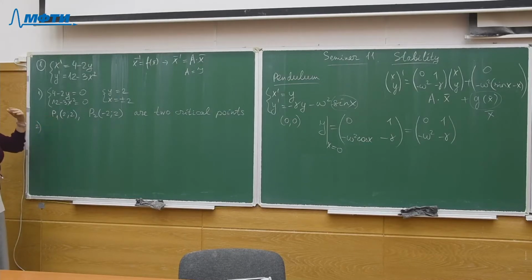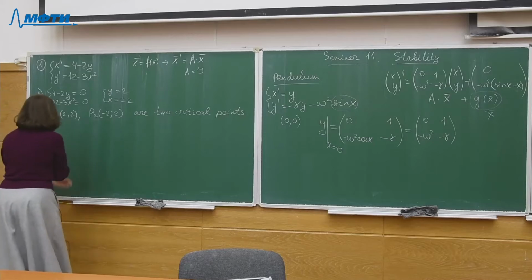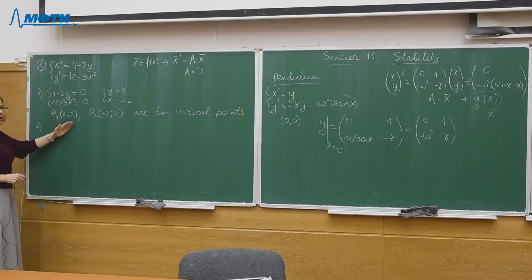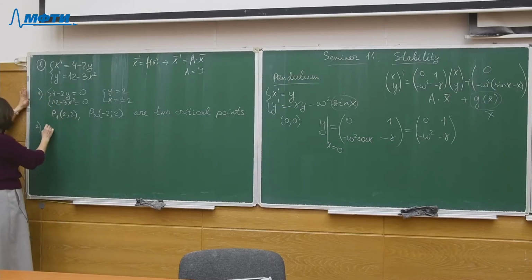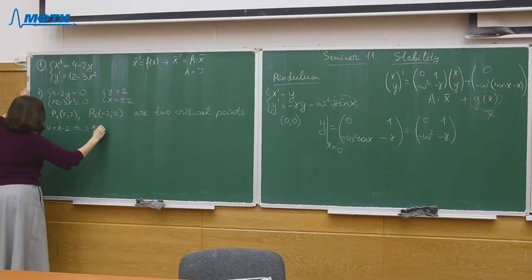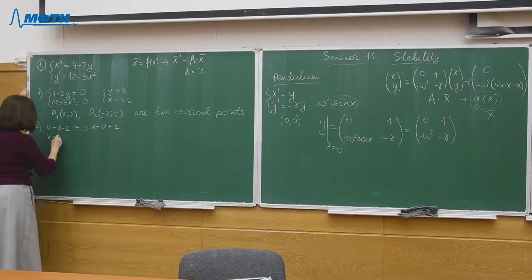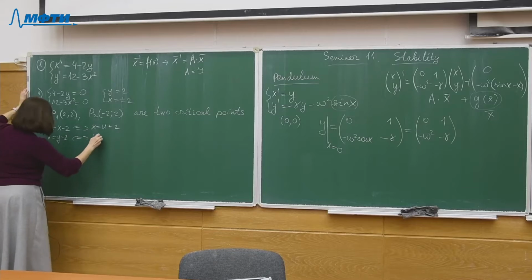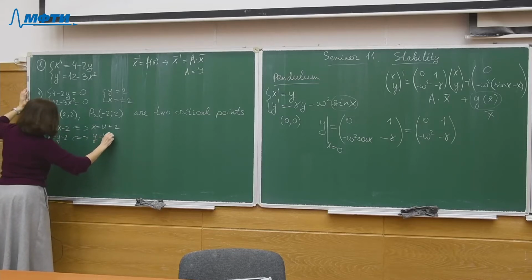So we should first make a change of variables that translates this point to the origin. So we will introduce new variables: u will be equal to x minus 2, or x equals u plus 2, and v, which is equal to y minus 2, which is the same as y equals v plus 2.